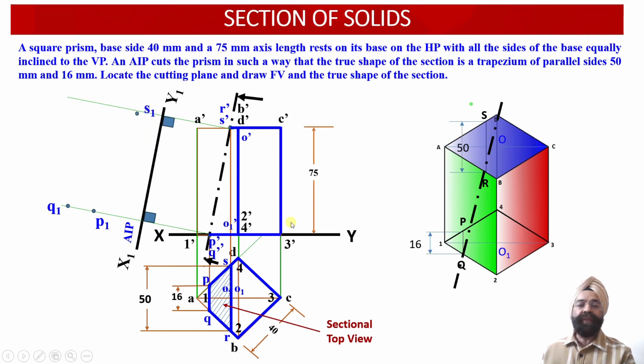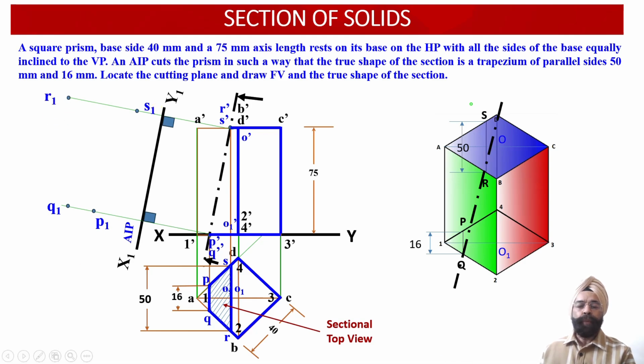Next point available with us is point S. This is the distance of point S from the XY reference line. From the projection point S dash in the elevation, this is the projector line emerging ahead of the plane. The same distance of point S from the XY reference line we have marked out here, so point S1 has been located in the auxiliary plan projection view.